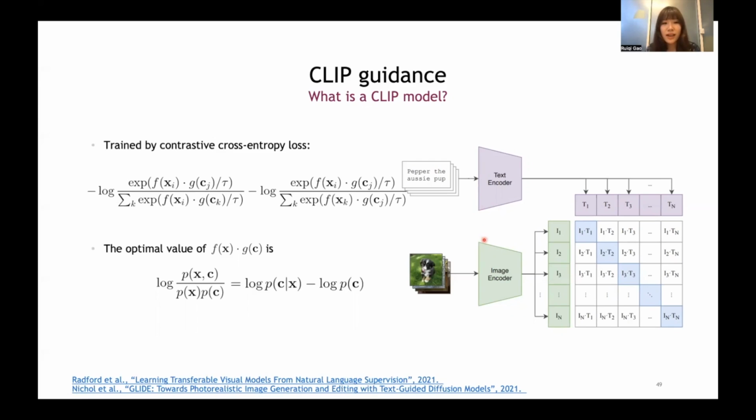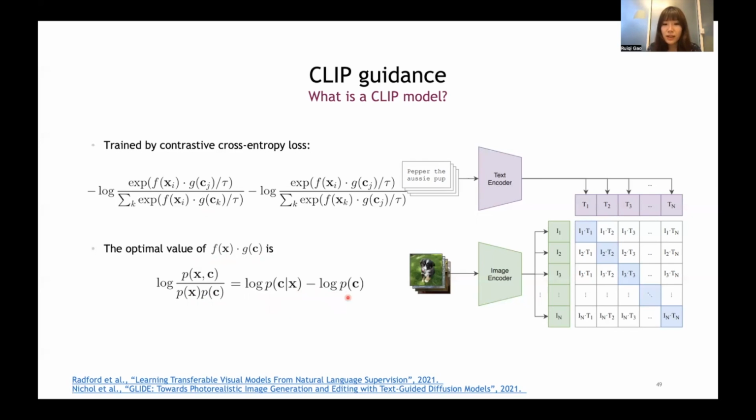The model optimizes a contrastive cross-entropy loss, which encourages a high dot product between F and G if the image X and caption C come from the same image caption pair, and encourages a low dot product if X and C come from different image caption pairs. And it can be proved that the optimal value of f(x) times g(c) is given by log p(x,c) divided by p(x) times p(c), which equals log p(c given x) minus log p(c).